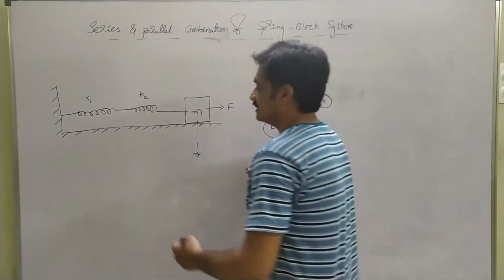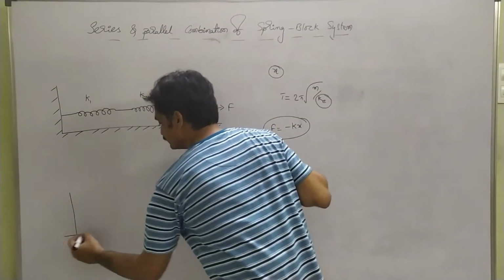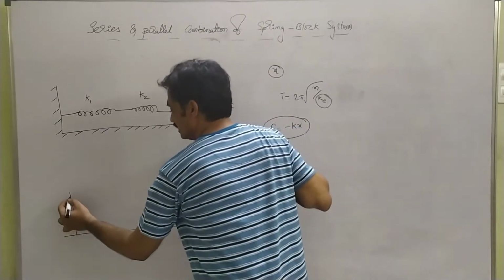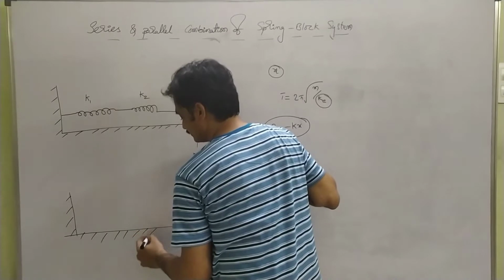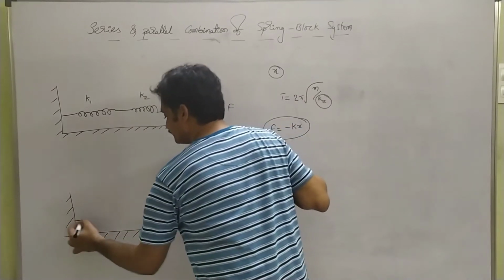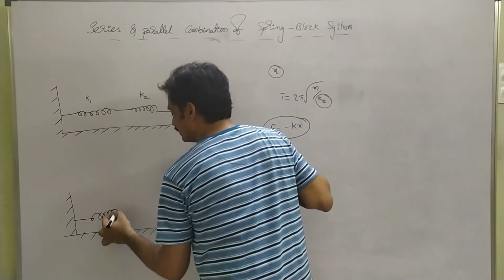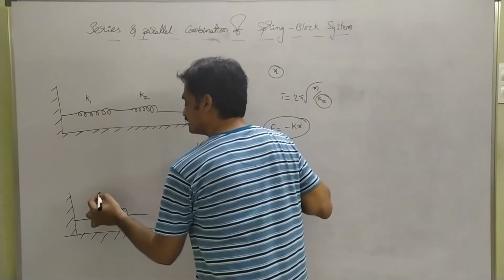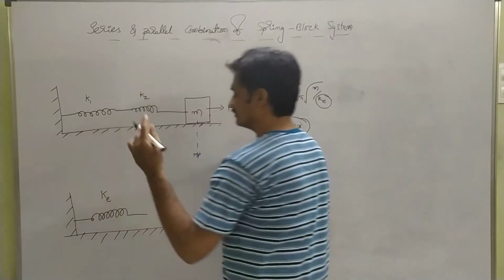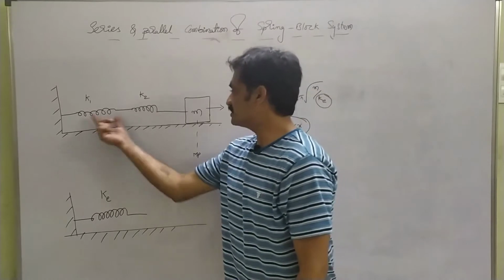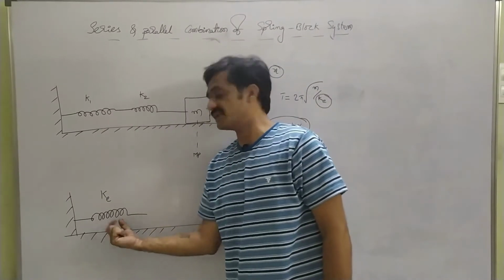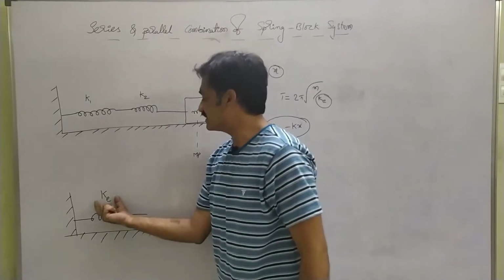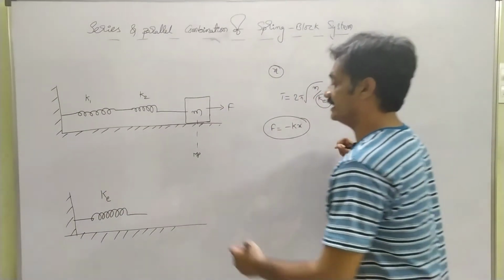So before going to represent that, here we are going to consider a spring, or we can represent it as the equivalent spring of these two springs. So instead of representing these two springs, if we represent the spring, then the force constant is represented as k suffix e.